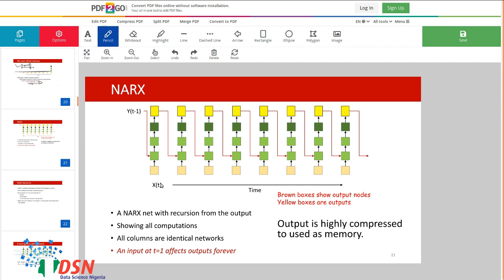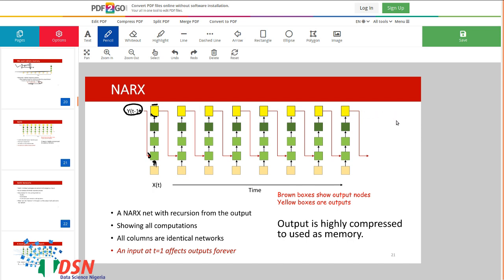One possible way to do that is to use NARX systems. In this case, as you can see, these are inputs and this is the output from the previous step. We pass this and the input to a network, and then make the prediction, and again pass that to the next network with the input, and so on.